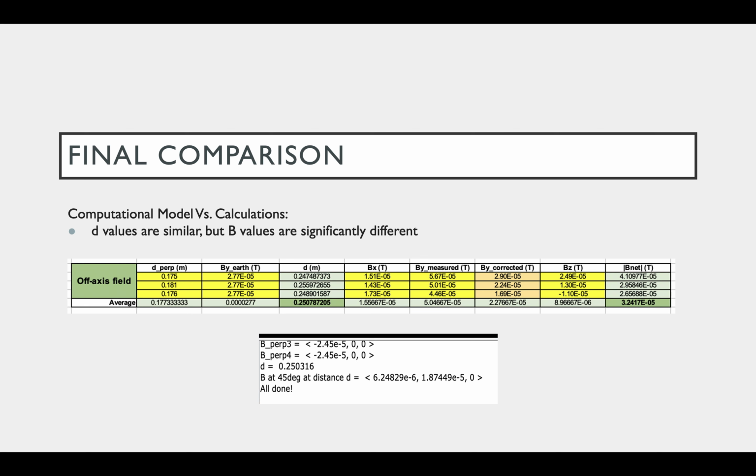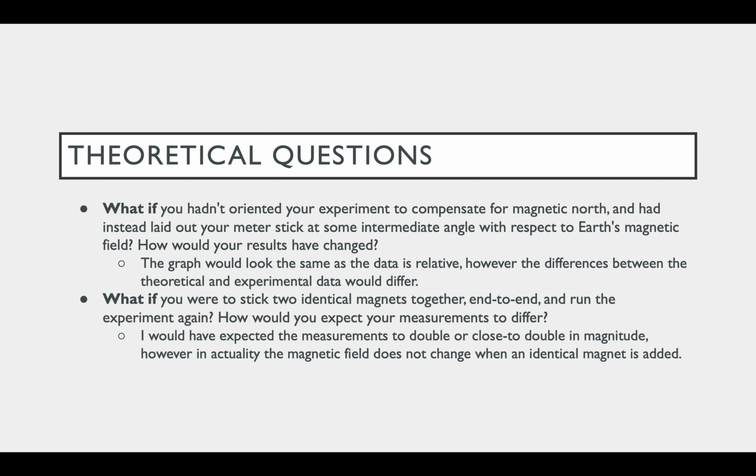So they were pretty similar, but when looking at the Bx and By measured values and comparing them to the B perps, the two B perps are very similar, at negative 2.45 times 10 to the negative 5th. But for Bx on the Excel file, we have 1.55, and By was 5.04, both times 10 to the negative 5th. So the powers were the same, but the values were different.